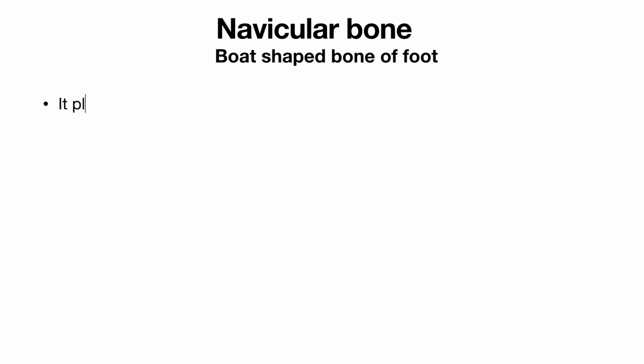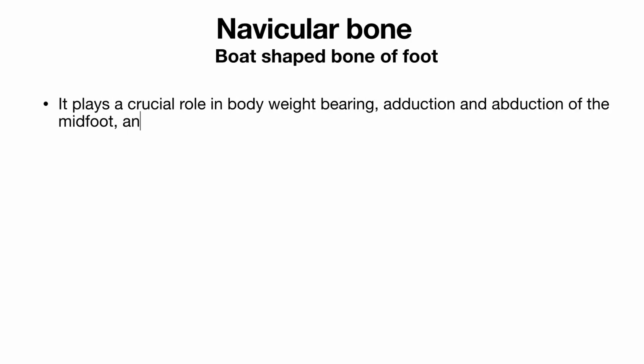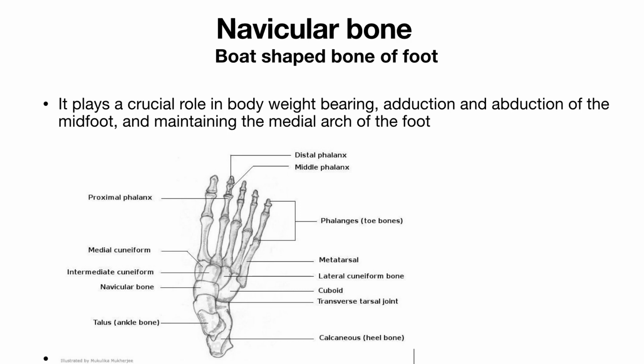It plays a crucial role in body weight bearing, adduction and abduction of midfoot, and maintaining the medial arch of the foot. So here's the diagram of foot, which shows calcaneum, talus, navicular bone, 3 cuneiforms and 1 cuboid bone, and then metatarsals and phalanges.